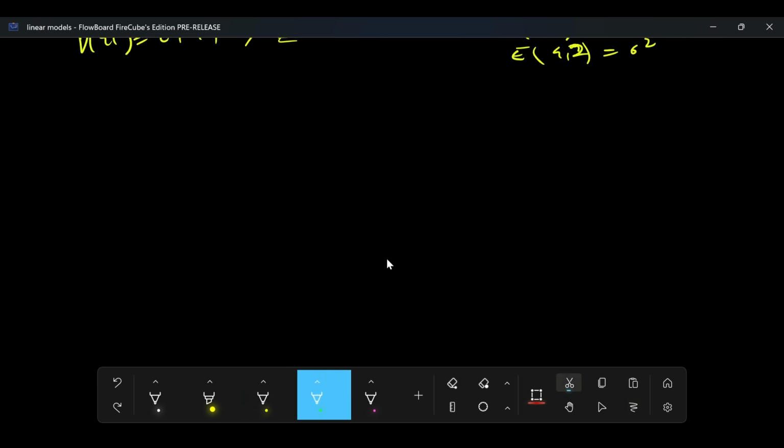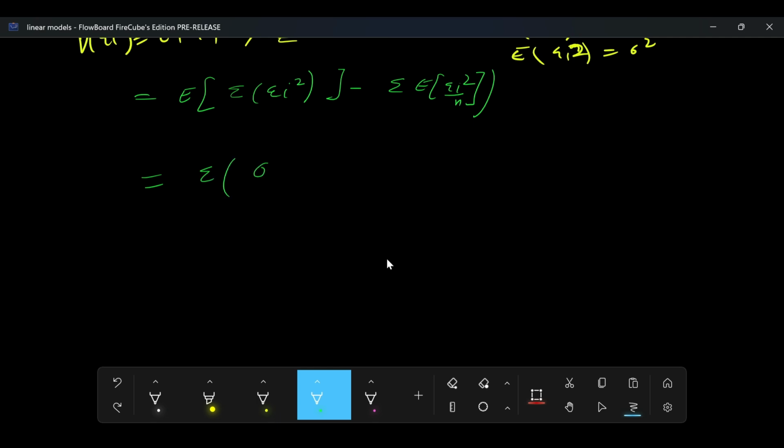Now, this is equal to expectation of summation εi square minus summation expectation of εi square upon n. So this is summation sigma square minus n sigma square upon n. So this is equal to n sigma square minus n sigma square upon n.